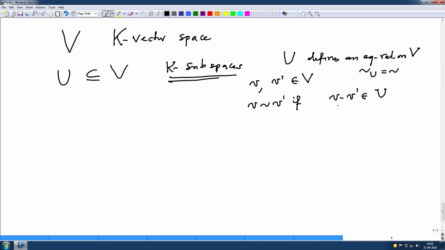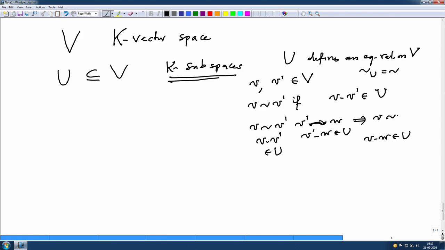Similarly, transitivity: V related to V prime and V prime related to, say, W. This means V minus V prime belongs to U, and V prime minus W belongs to U. But if these two are in U, then their sum is also in U because it is a subspace. So V minus W belongs to U, and that means V is related to W.